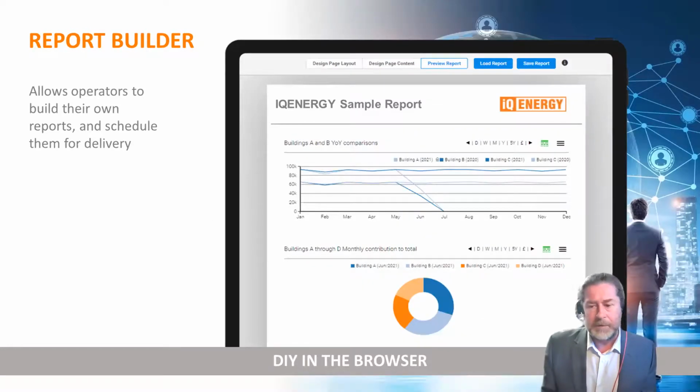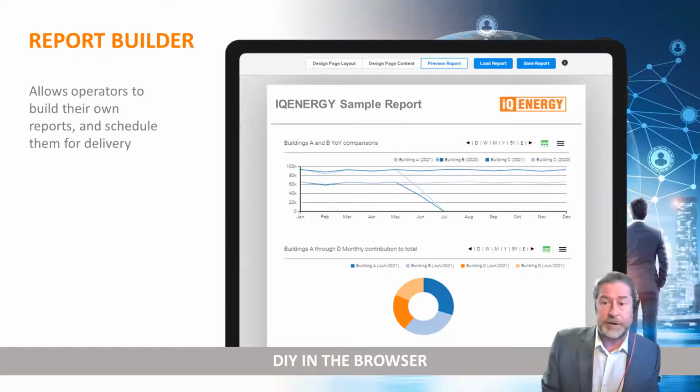In the same mode, we have energy reporting. And again, this is designed as a tool for the operators. This is all built in the web. My sample there shows buildings A and B year-on-year comparisons, 2021 and 2020. And as we're not too far through 2021 as I speak, you can see that the numbers dip off.